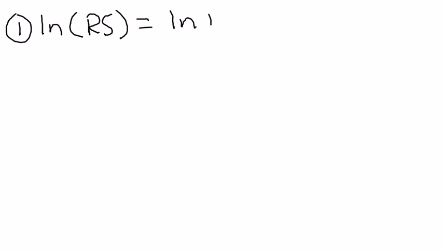Furthermore, here are some properties of logs that you're going to have to be able to work with. If we have a product like ln of r times s, I can rewrite that as the ln of r plus the ln of s individually. Remember, we can't take the log of a negative number, so a lot of times you'll see absolute value symbols around that.